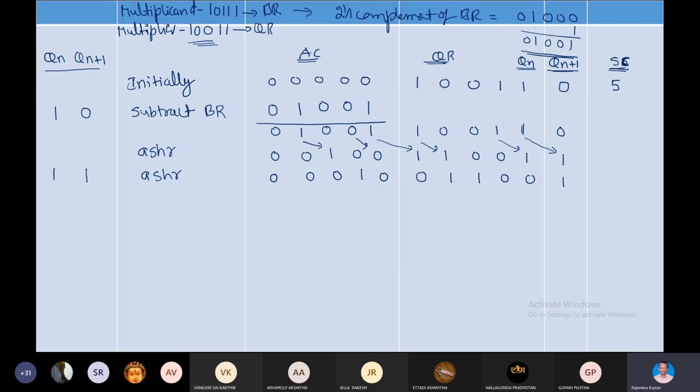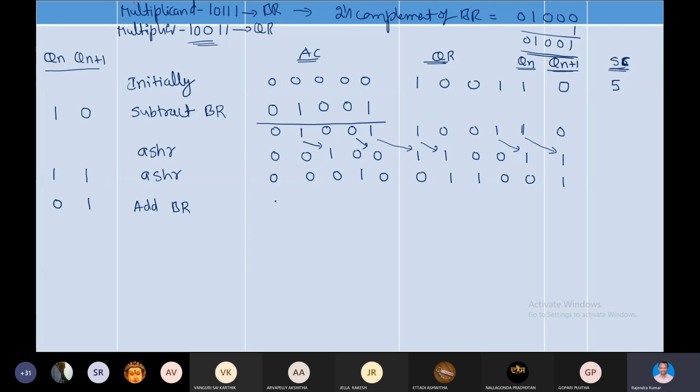Now what is Qn and Qn plus 1 now? 0 and 1. Yes, 0 and 1. Now if it is 0 1, what operation do we have to do? Addition. Yes. Add BR with accumulator.